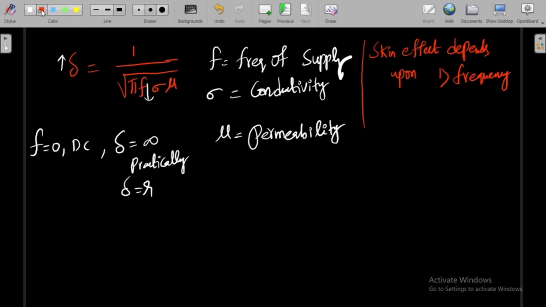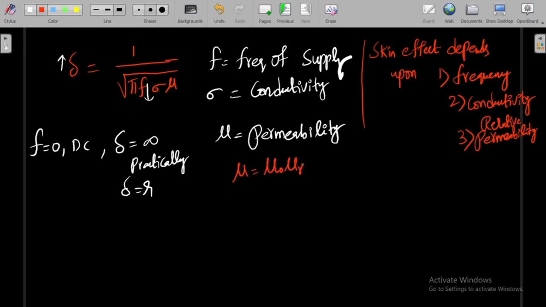And it also depends upon the conductivity of the material. If it is less conductive, it cannot create more amount of flux linkage. Is it right? And the third one is permeability. Specifically, we can say it as relative permeability, because mu can be written as the product of mu naught and mu r.